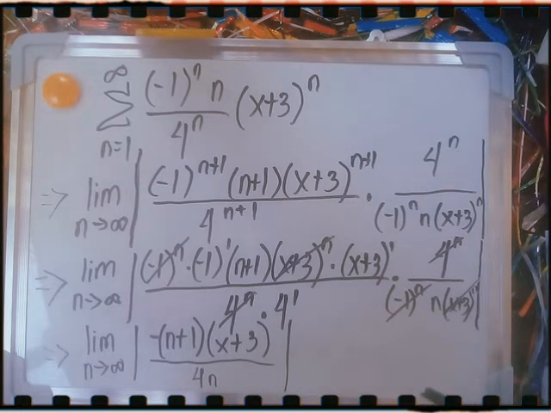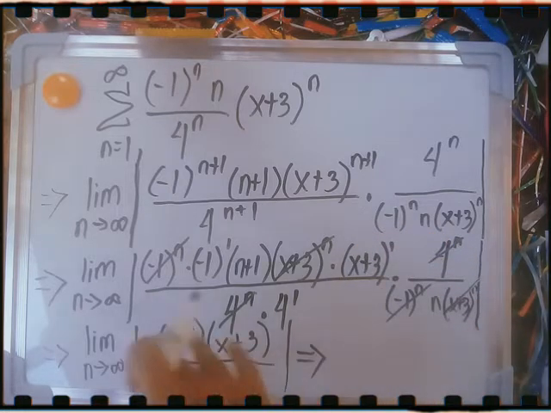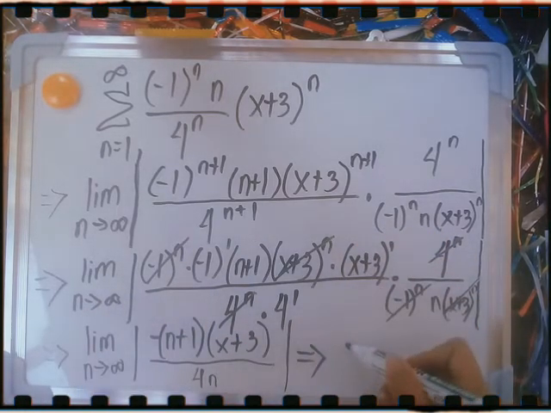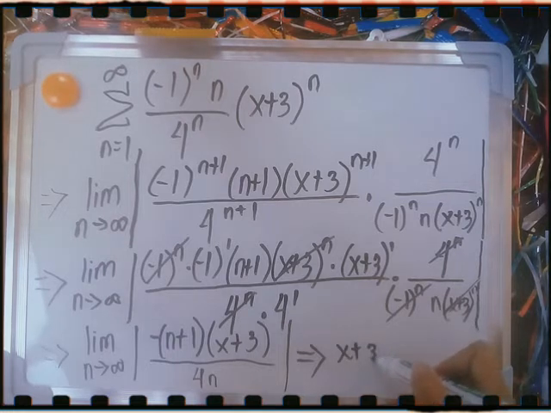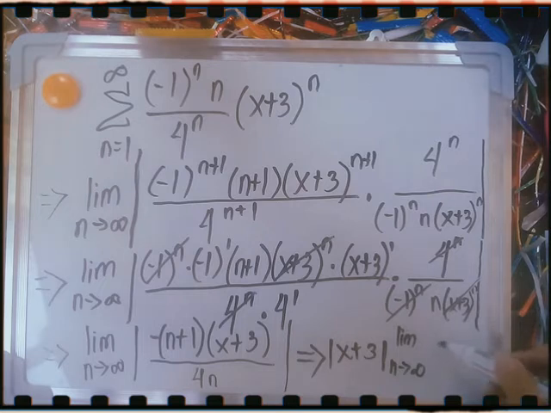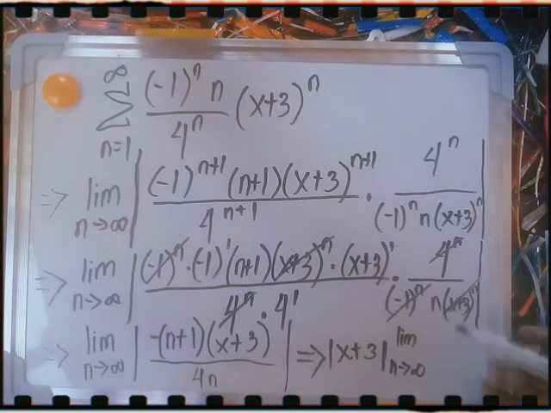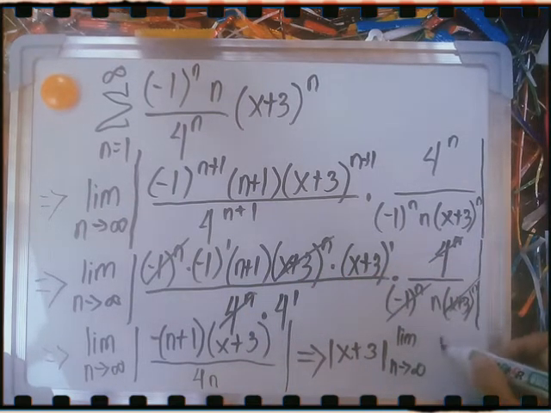So, as what we always do, so we have here, ilalabas natin tong x plus 3 doon. So, x plus 3, the absolute value of x plus 3 as the limit of n approaches infinity of, since kukunin natin yung absolute value ng negative n plus 1 over 4n, so magiging positive na siya.